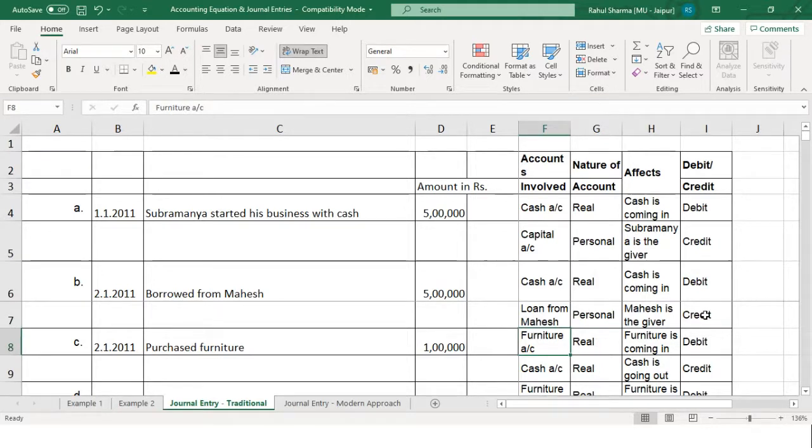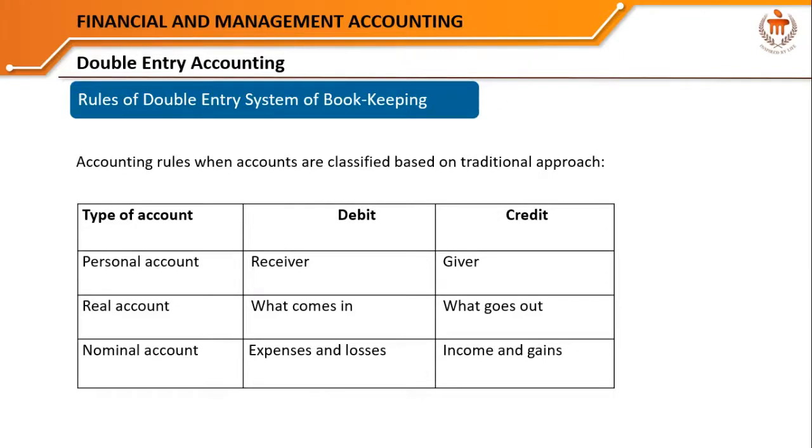So let's say we purchase furniture worth rupees 100,000 for cash. Two things are happening. Furniture is coming into the business, cash is moving out of the business. This in and out we have to be very clear with. Let's see what kind of account furniture is.